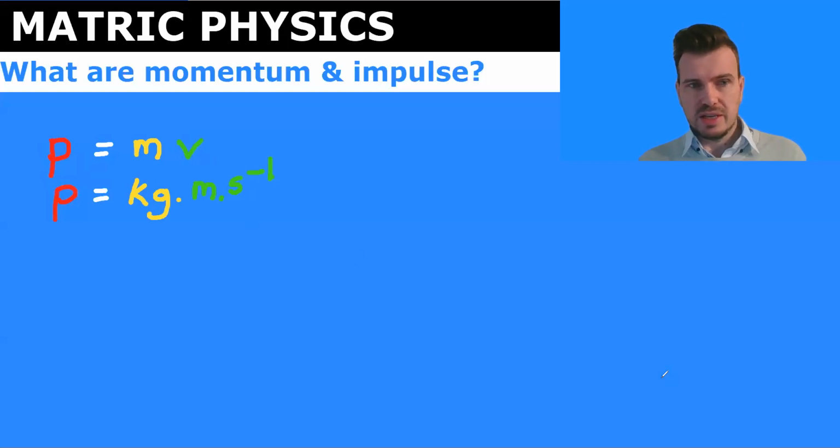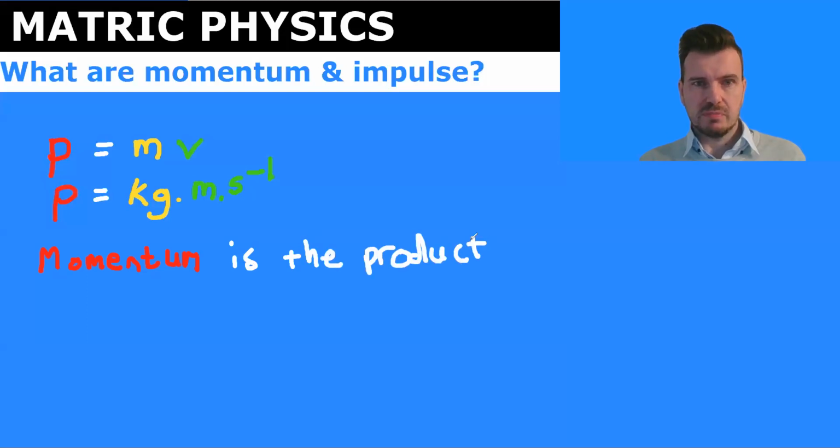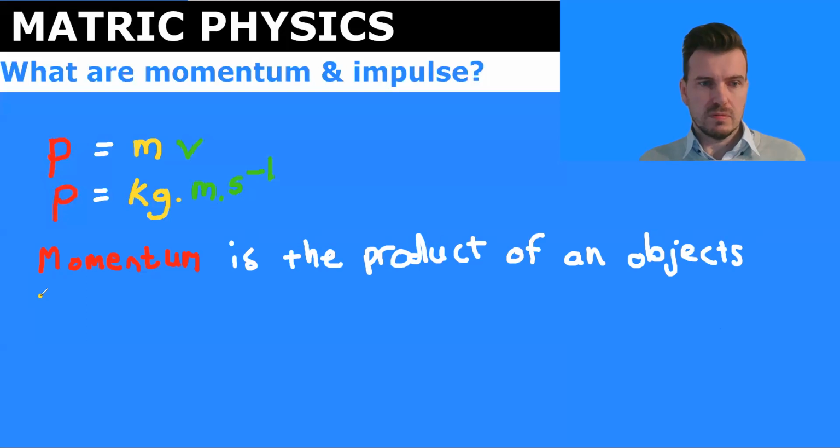So you would say momentum is the product, meaning times, because we see times, product of an object's mass and velocity.